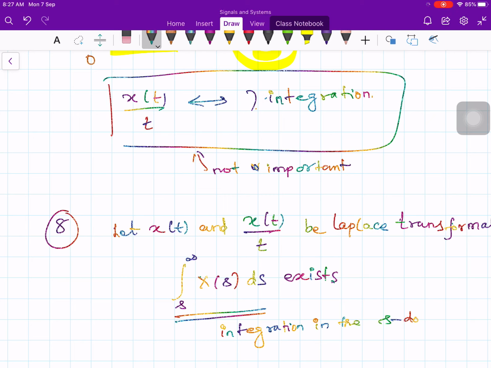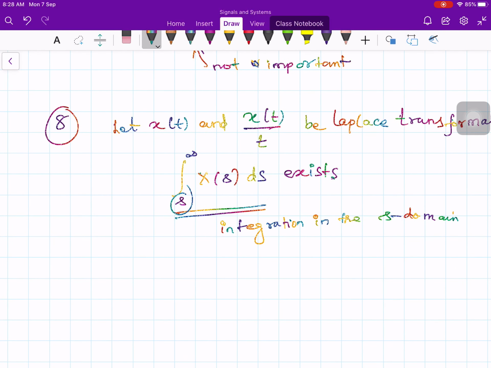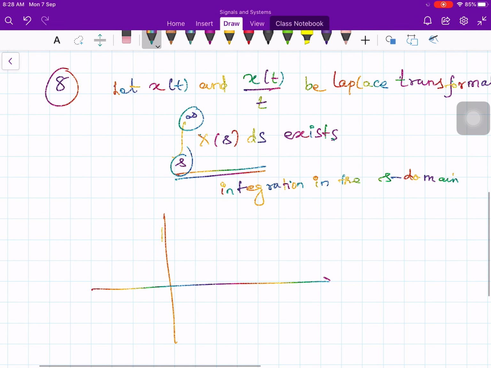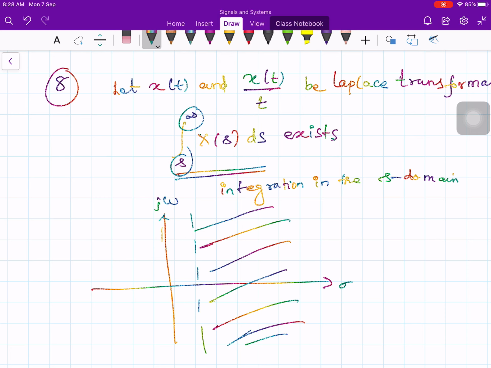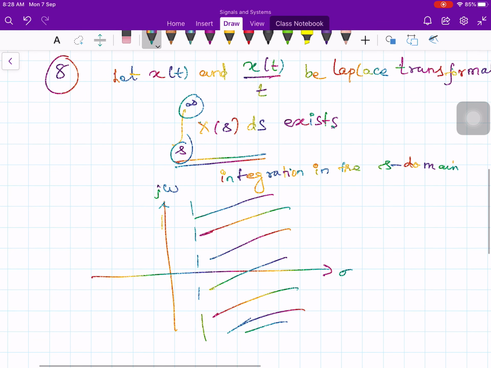What we mean by s to infinity is, suppose this is your complex s plane, with sigma and j omega. You put a line like this. This is your ROC. See, the range is from s to infinity.